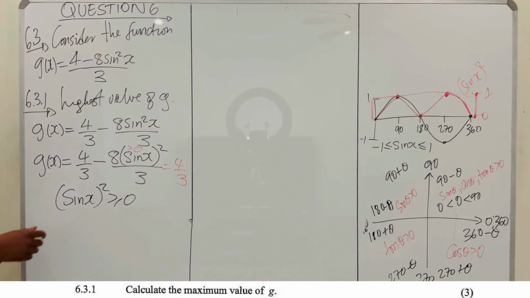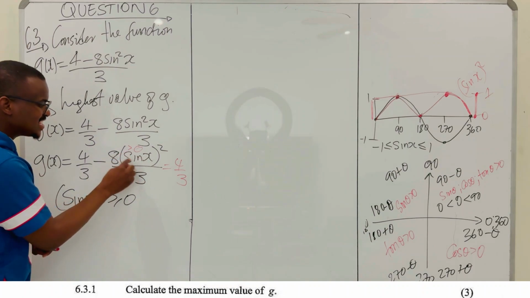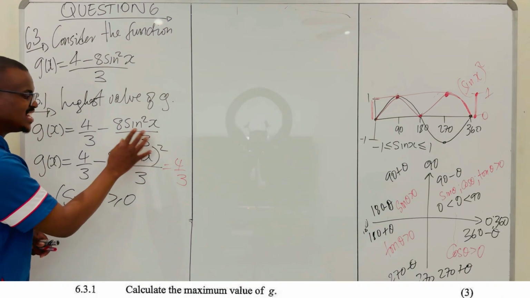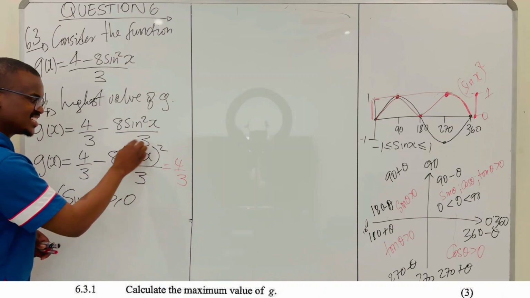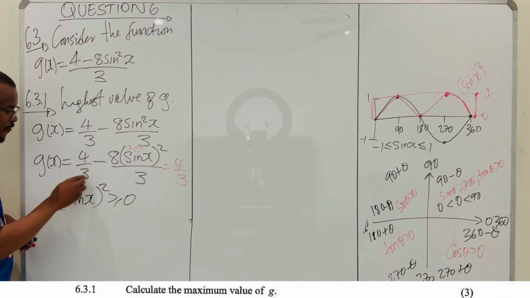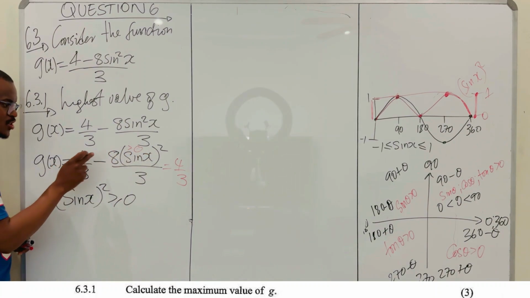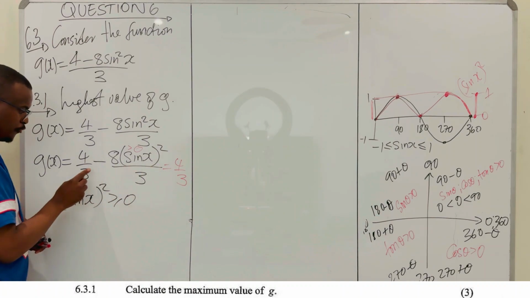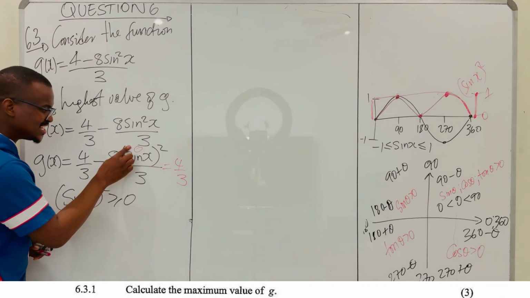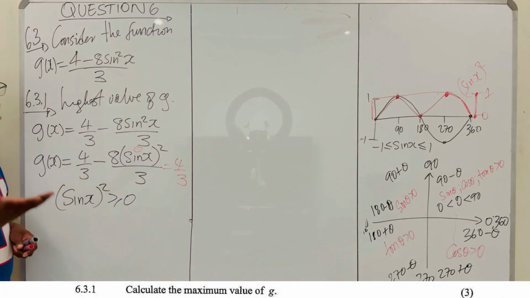So, if now your value here is above 0, which is the entire thing. Actually, if this thing is above 0, now you will be saying 4 over 3 minus something that is not 0. Right? Which will make your answer smaller than your 4 over 3. But if it is 0 sitting at this point, then your answer will be 4 over 3. So in my case, we are going to get a maximum value when we are subtracting nothing from 4 over 3.